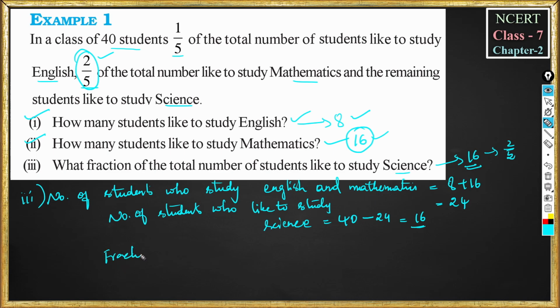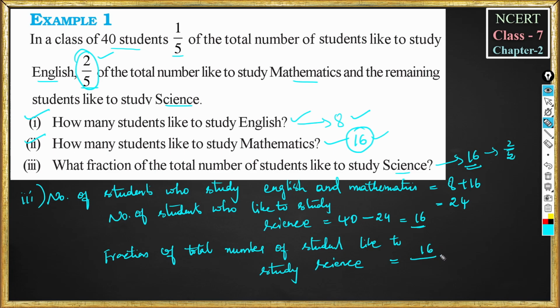So the fraction of the total number of students who like to study science is equal to, see, the number of students is 16 divided by the total number of students, 40. So 8 twos are 16, 8 fives are 40. So the answer is what? 2/5. So 2/5 is the fraction of the total number of students who like to study science.